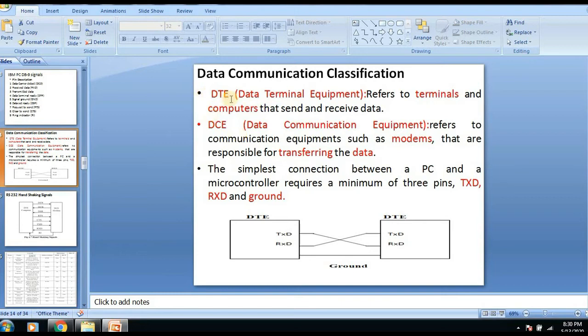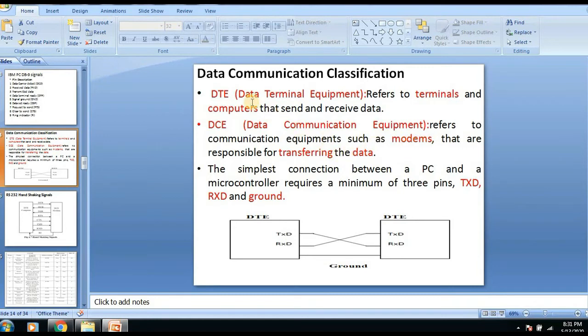DTE is data terminal equipment. It refers to the terminals and computers that send and receive the data. And DCE, data communication equipment, refers to communication equipment such as modems, which are responsible for transferring the data.